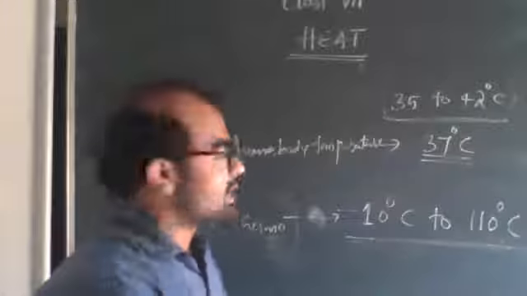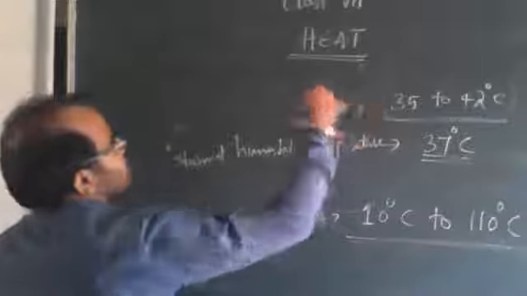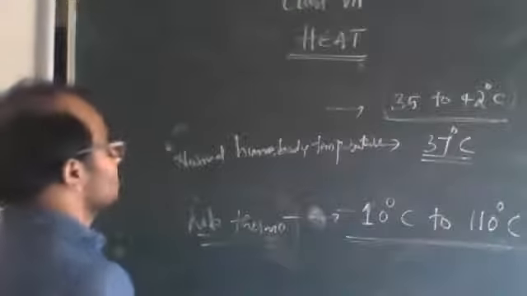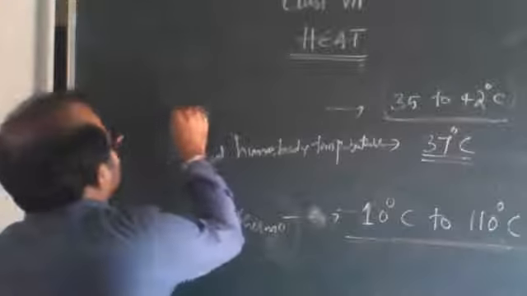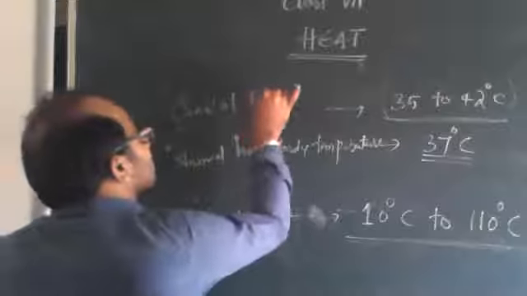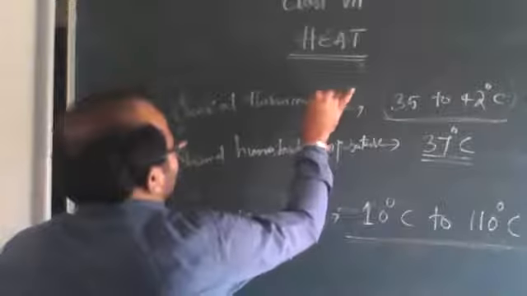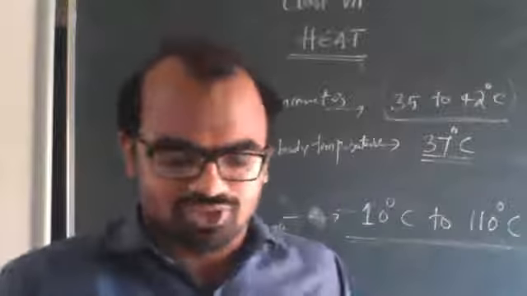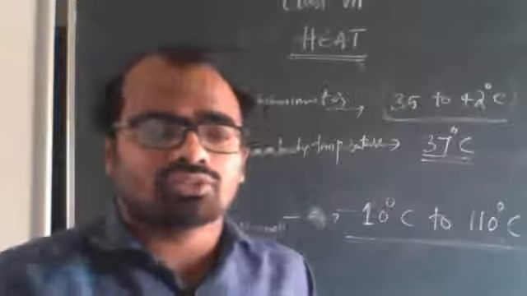These questions might be asked. And this one, 35 to 42 degrees Celsius, is our clinical thermometer range. In both cases, mercury is used as the substance. So this one you understood.